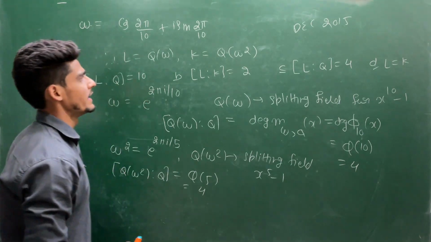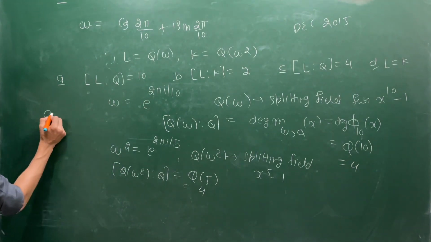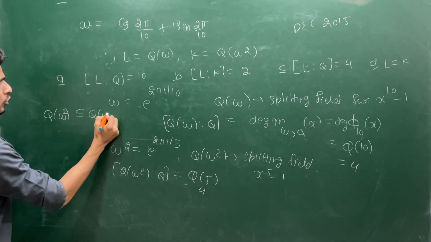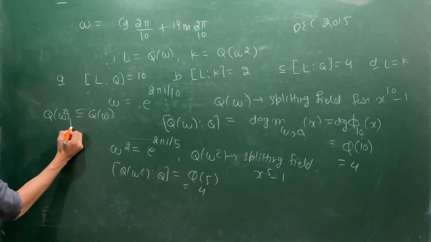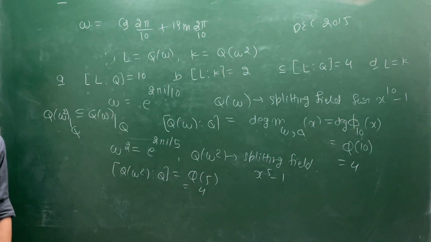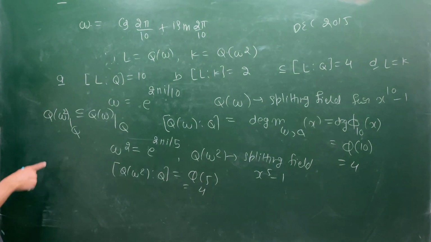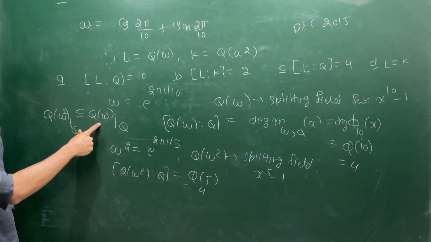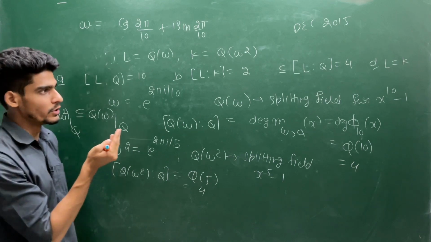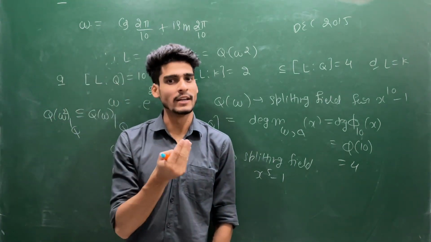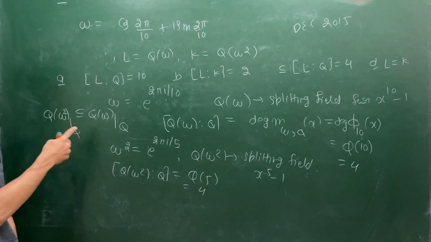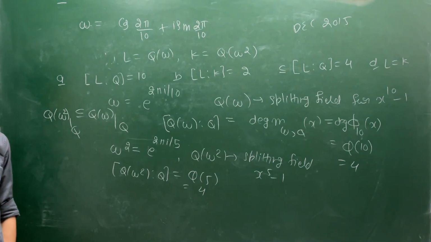But we have a very nice property. We can observe Q(omega square) is contained in Q(omega), and both are vector spaces over Q, both finite dimensional. So this is a subspace of Q(omega), and this is of 4 dimension over Q. If you take any finite dimensional vector space and any subspace of that, and that subspace has the same dimension, that means those are the same.